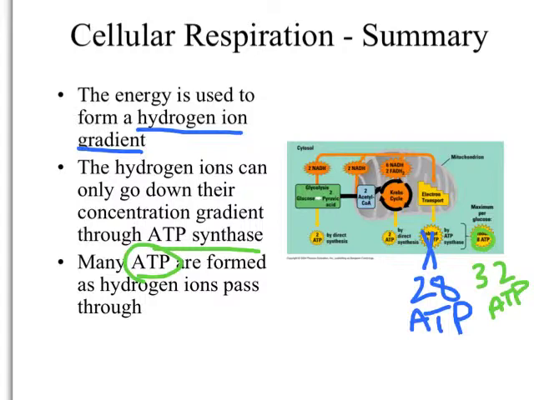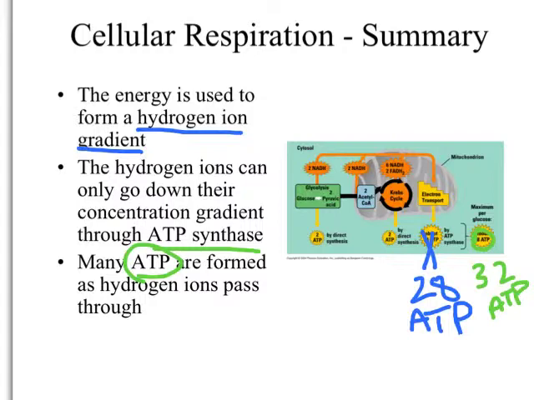We've got 32 ATP being made total, and that number, just to be honest with you, varies between 32 and 38. So we are going to go with your textbook that says 32 ATP made per glucose molecule. Although I remember it being 36, and this picture here says 38.